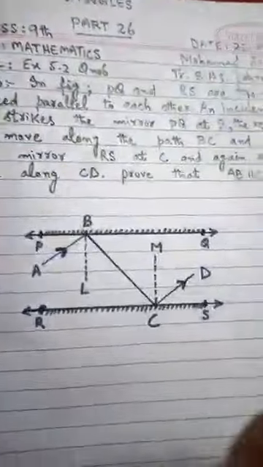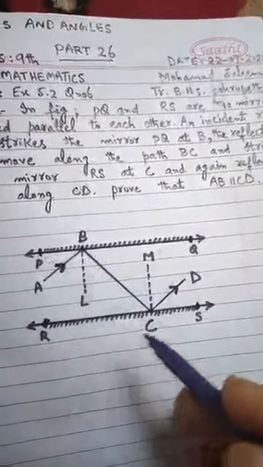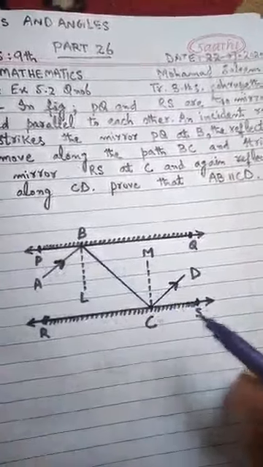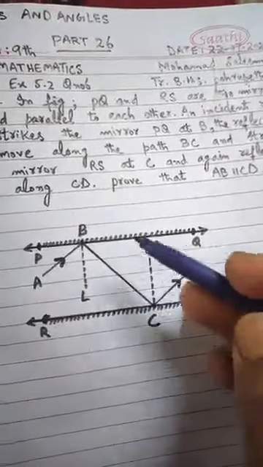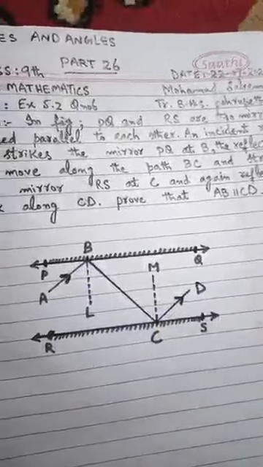Again, I will repeat what the question says. There are two mirrors. One is PQ and another is RS. They are facing each other and they are parallel to each other, meaning they keep the same distance between them.